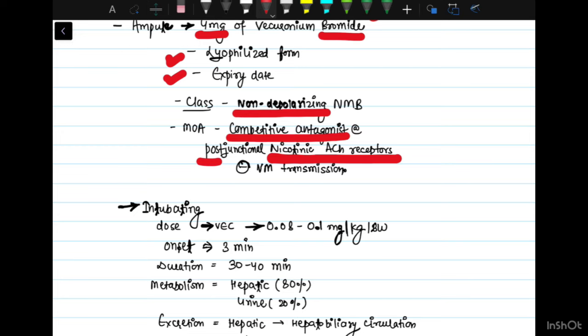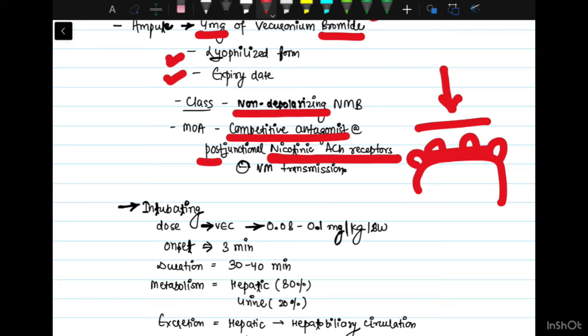Once acetylcholine is released, it attaches to the postsynaptic receptors, which are the ACh receptors, and then calcium is released and your contraction occurs. So this is the electrical and contraction coupling. This drug is going to bind to these acetylcholine receptors and inhibit the neuromuscular transmission. This was, in summary, the action of the non-depolarizing neuromuscular blocker.